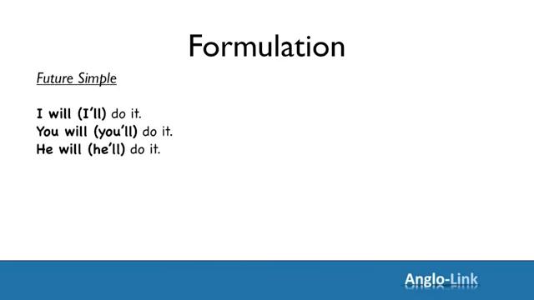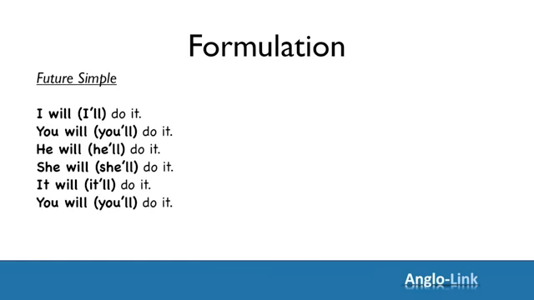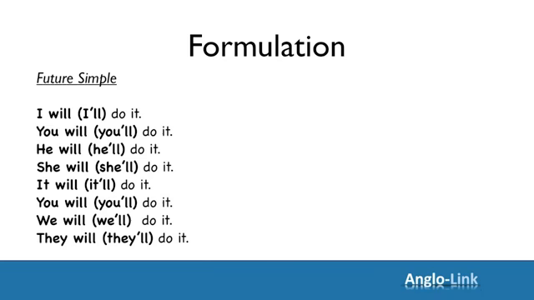You'll do it. He'll do it. She'll do it. It'll do it. You'll do it. We'll do it. And finally, they'll do it. You notice that will contracts to 'll.